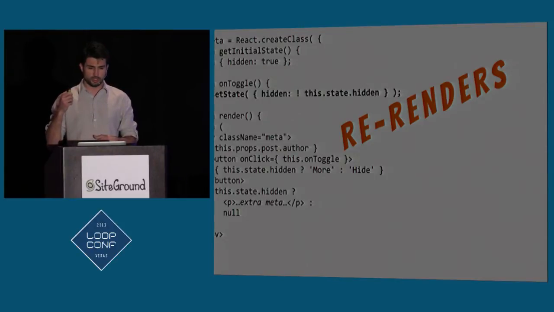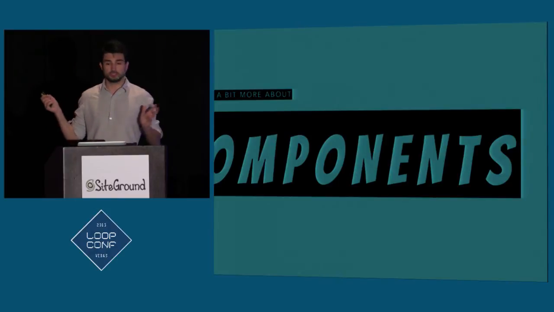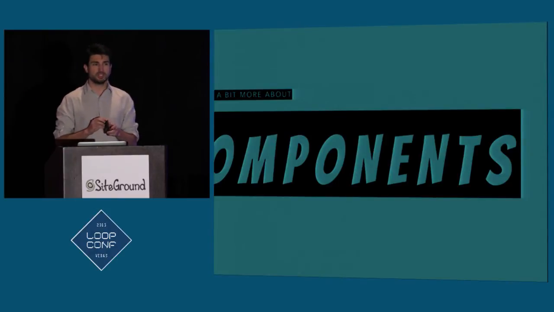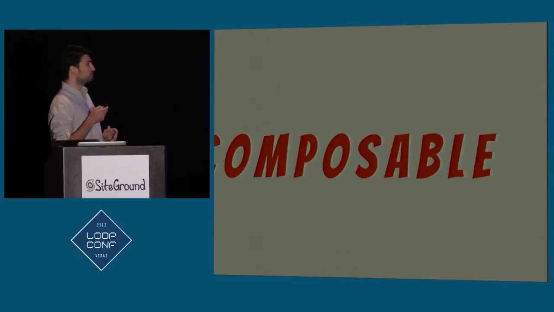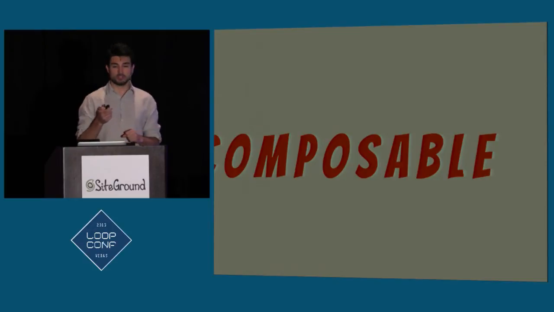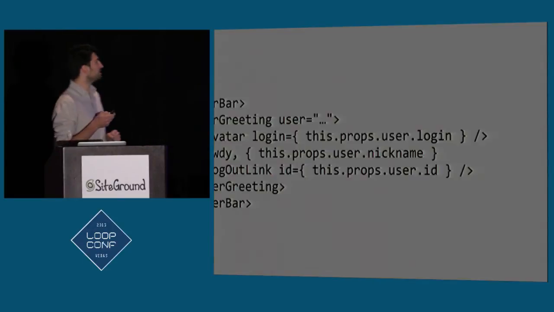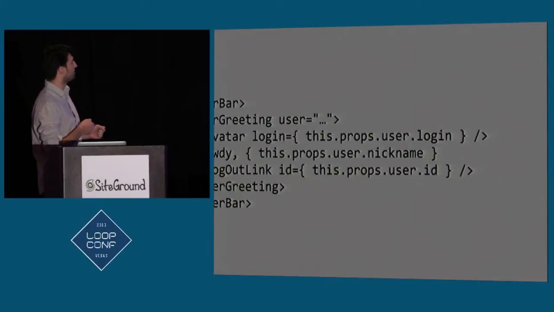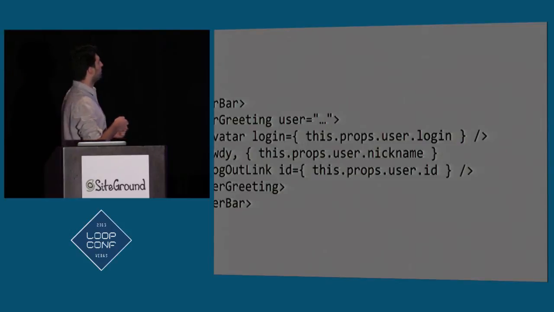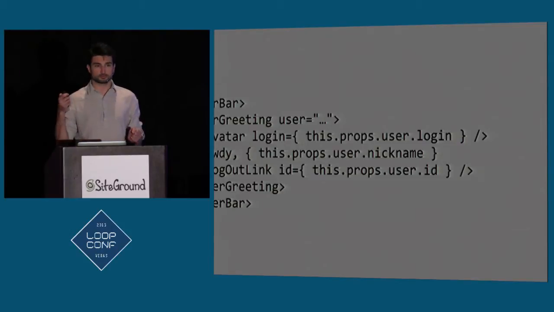So these are components, and let me tell you a few more things about why they are so cool. As we mentioned before, components are composable, which means that we can have, this is a master bar, we can have a user greeting component, and we can have an avatar one.